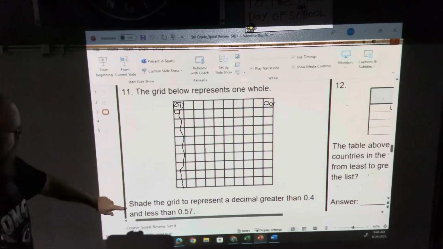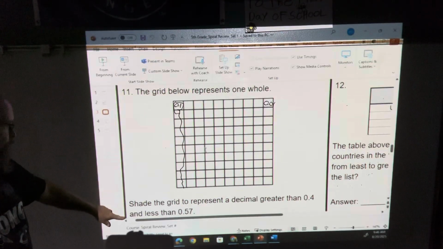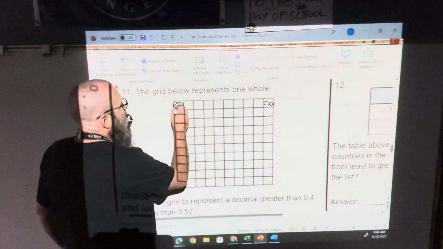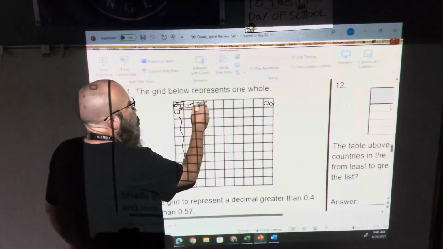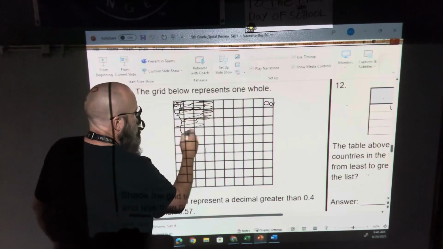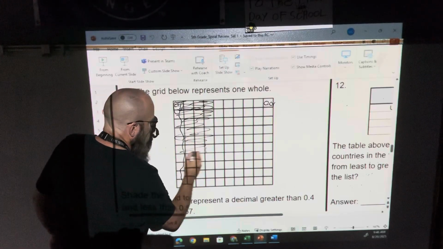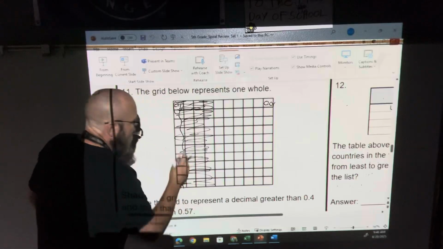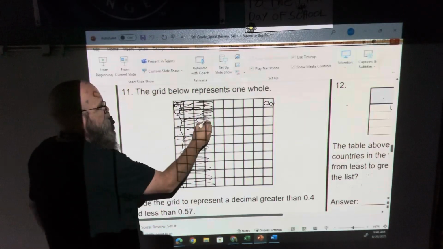So this question asks, shade the grid to represent a decimal greater than 4/10 and less than 57/100. So 4 columns would be 4/10, because each column is 1/10.